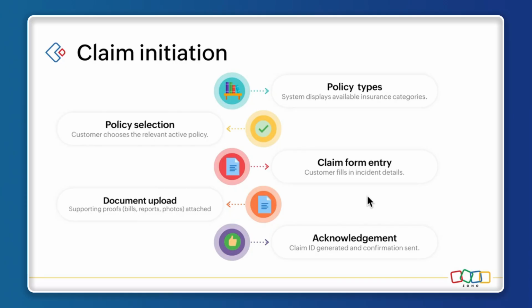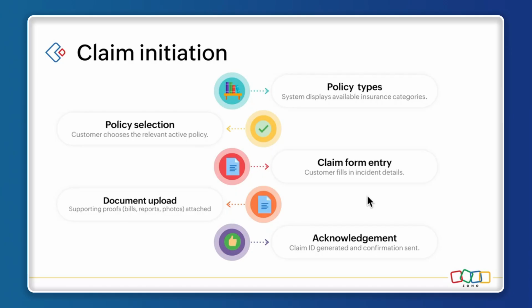So there is a person named Preeti. She will be selecting that medical claim policy, and she is now a policy holder. Once the policy holder is ready, they can fill in the claim, like they have just been admitted for a particular diagnosis. So they can fill in the form entry about the diagnosis that they have undergone in X and Y hospital.